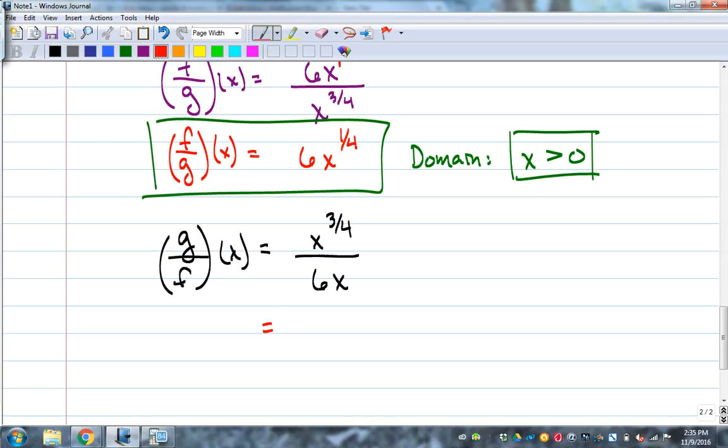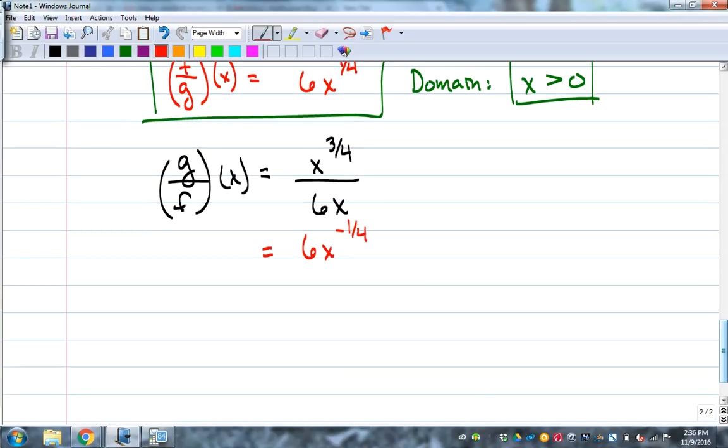But if I follow the rules for division, 3/4 minus 1 would be negative 1/4. But remember, we can't have negative exponents, so let's fix that. Oh, man. Well, that created another problem. I can't have an x in the denominator.